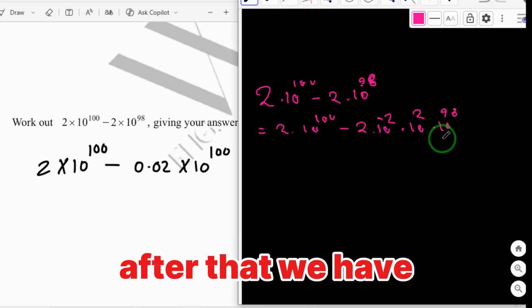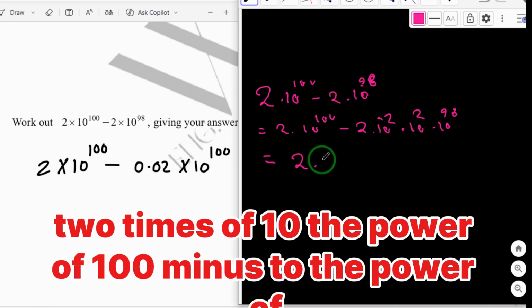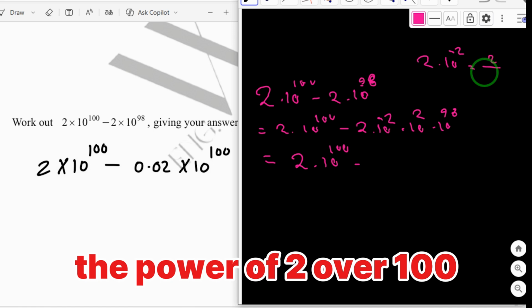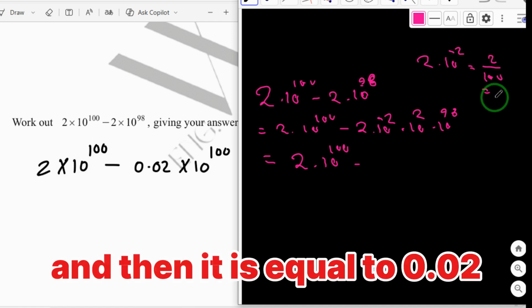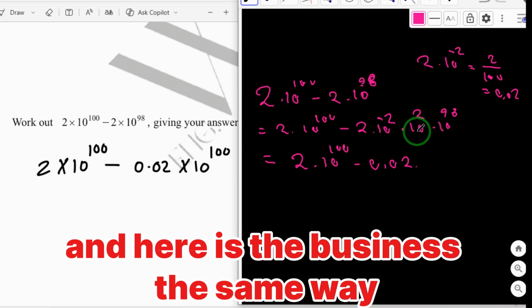After that we have 2 times 10 to the power of 100 minus, actually we can convert 2 multiplied by 10 to the power of 2 over 100, and then it is equal to 0.02. Here we have 0.02, and the base is the same.